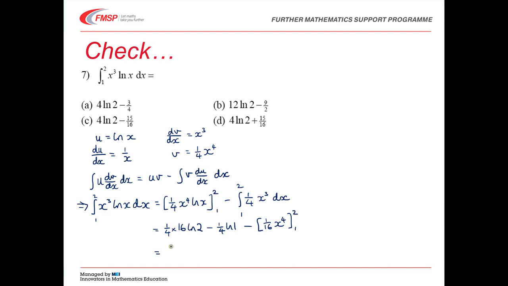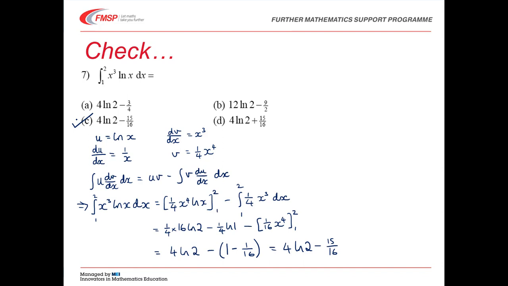So that's 4 log 2. Log of 1, of course, is 0. Take away, put 2 into there, that's 16 over 16, which is 1. And put 1 in, that's 1/16. And I end up with 4 log 2 minus 15/16. And that is C.